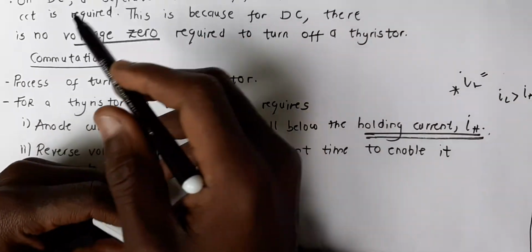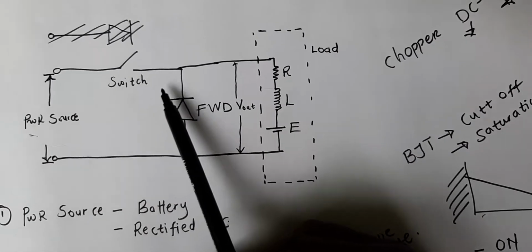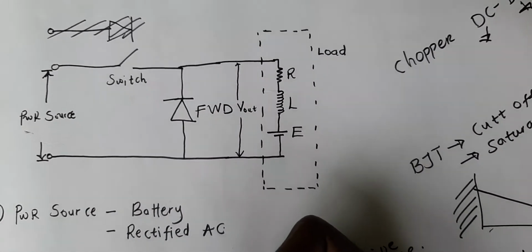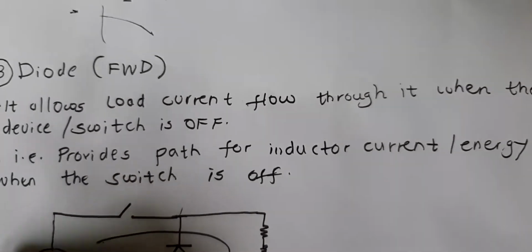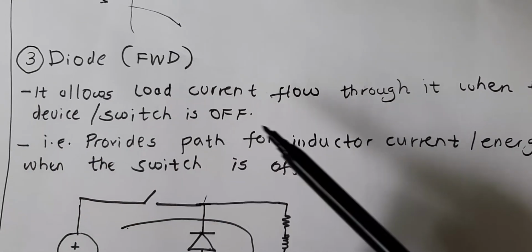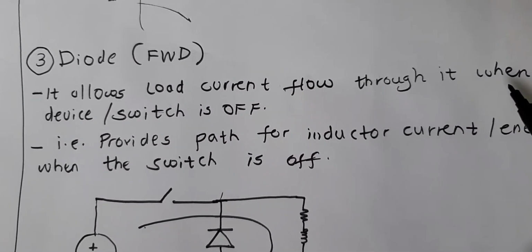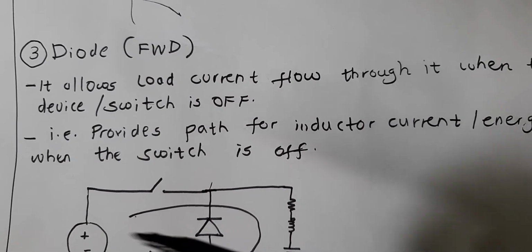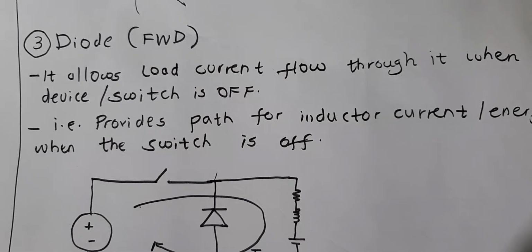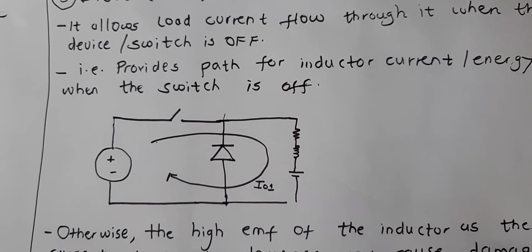So the next device that you are seeing here is this freewheeling diode. So what exactly is a freewheeling diode? The work of this freewheeling diode is that it allows the load current to flow through it when the switch is off. In other words, it provides a path for inductor current or energy when the switch is off.